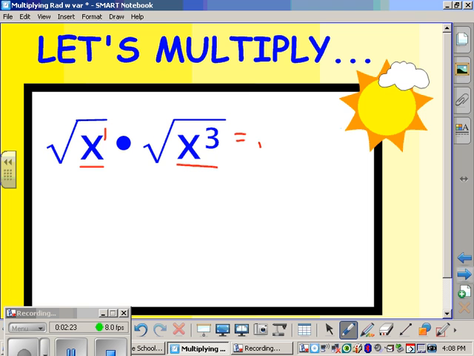This would give you radical x to the fourth. Therefore, because the exponent is even, this is a perfect square. And if you simply divide it by 2, our answer would be x squared.